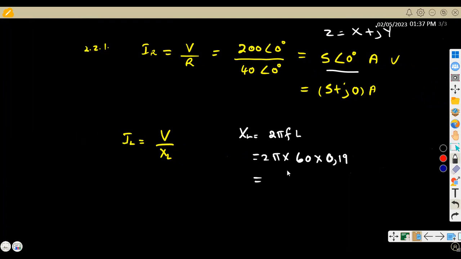On your calculator, please make sure that you use it properly here. We are going to obtain something like 71.628 ohms.